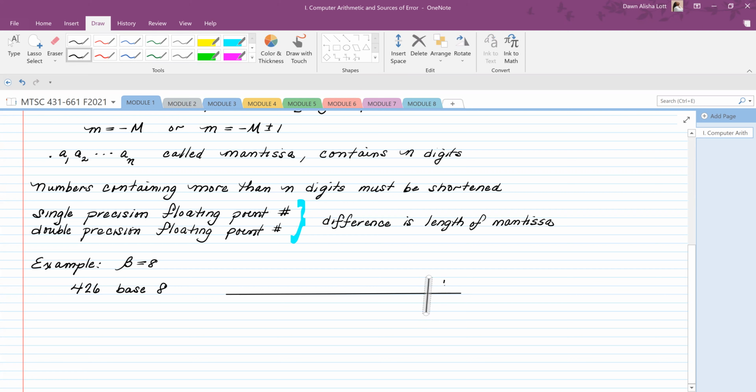Then we're going to have 1, 8, 64, and 8 cubed is 512.